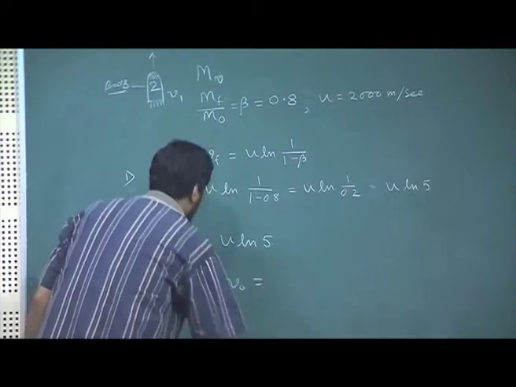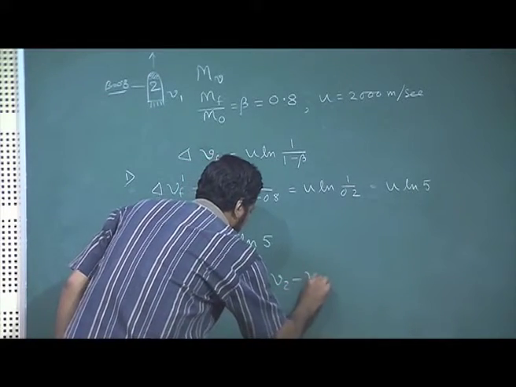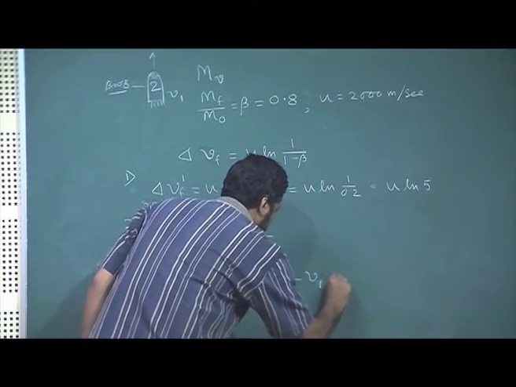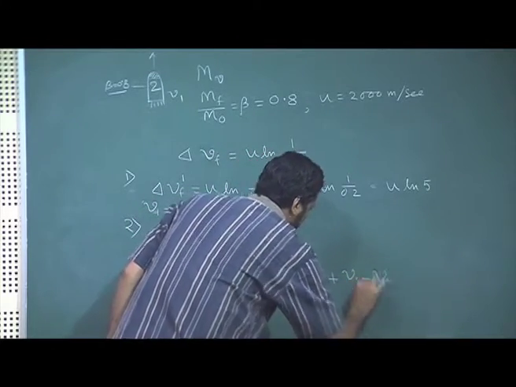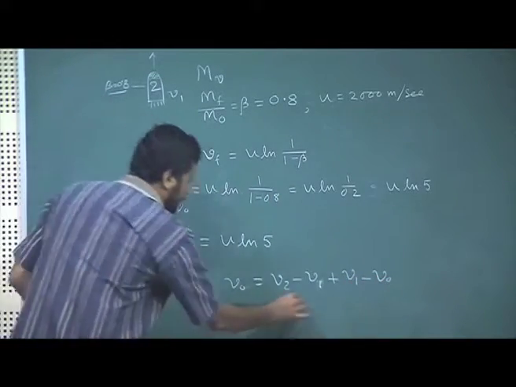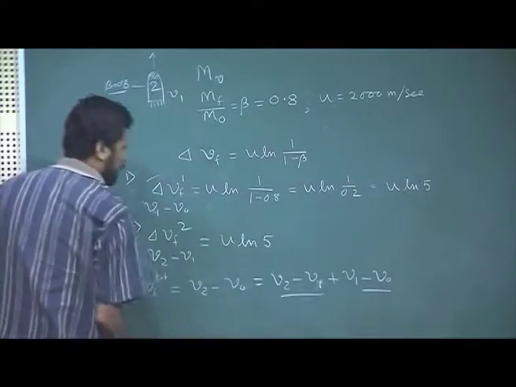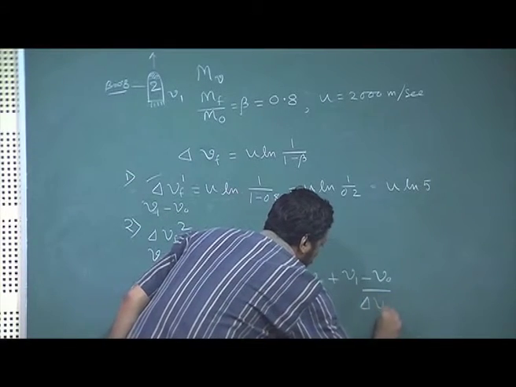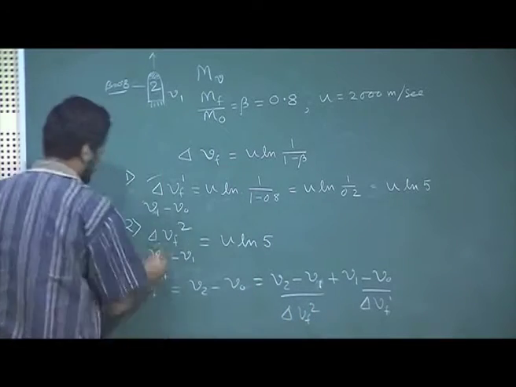So we will see immediately that this is v2 minus v1 plus v1 minus v0. Now this is your delta V_f1 and this is your delta V_f2 here.